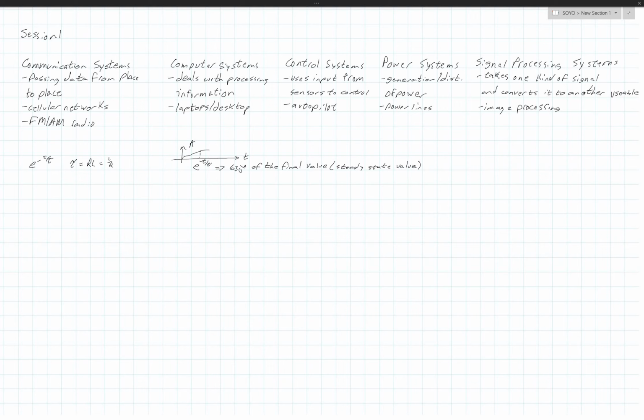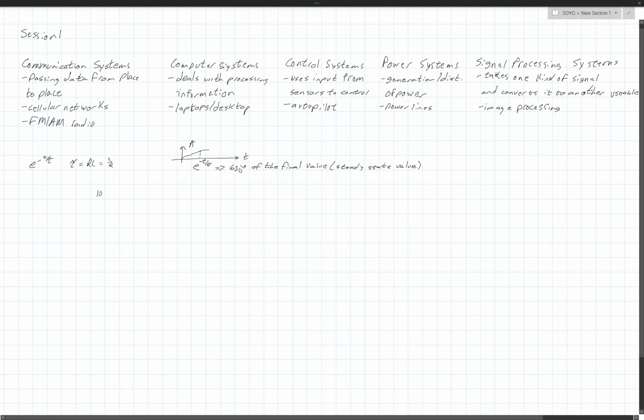Kilo, mega, giga, milli, micro, nano, pico, all the powers of 10. You really need to know that. Also, it should be noted that if we have k times 10 to the n, I'm not going to write out k times 10 to the n every time.